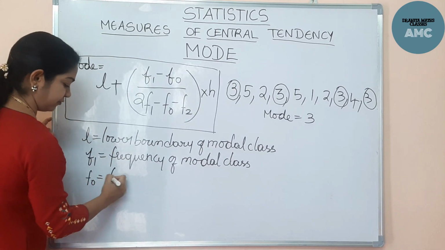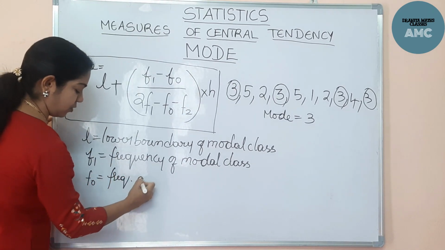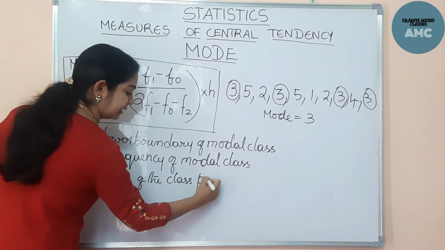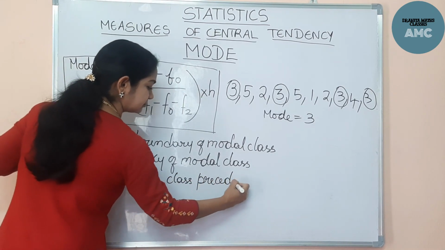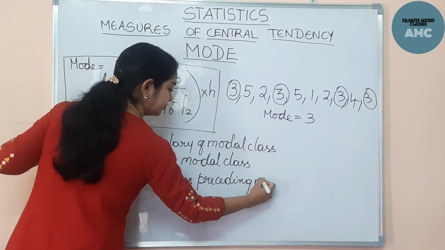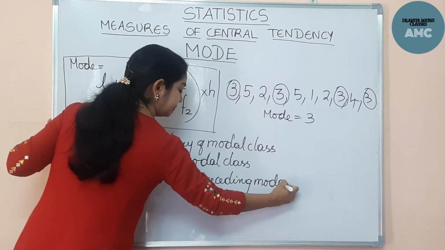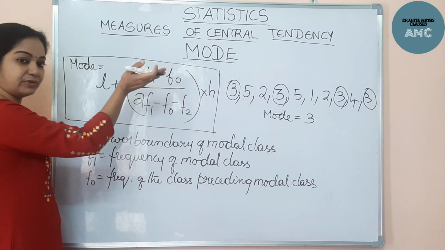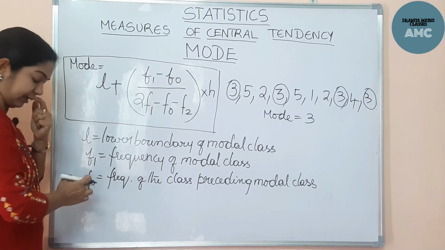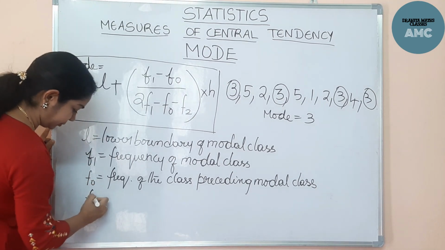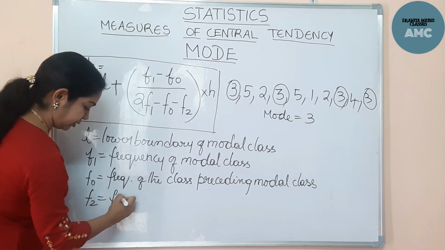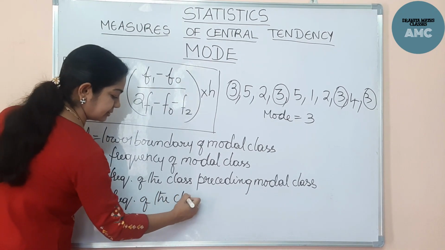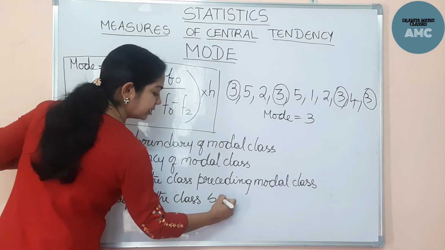What is F0? F0 is the frequency of the class preceding the modal class. That means the class above the modal class. And F2 is the frequency of the class succeeding the modal class.